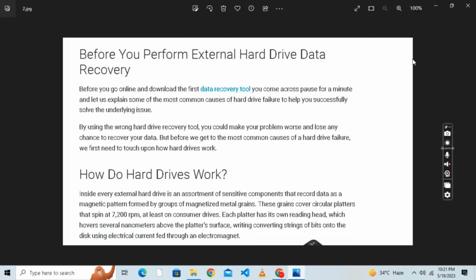These grains cover circular platters that spin at 7,200 rpm. At least on consumer drives, each platter has its own reading head, which hovers several nanometers above the platter's surface. Writing means converting strings of bits onto the disk using electrical current through an electromagnet.